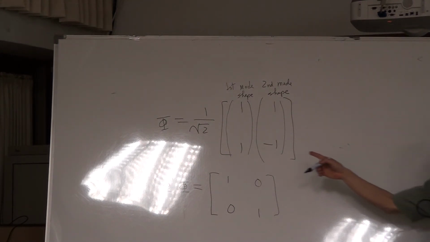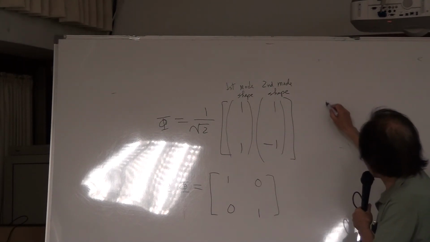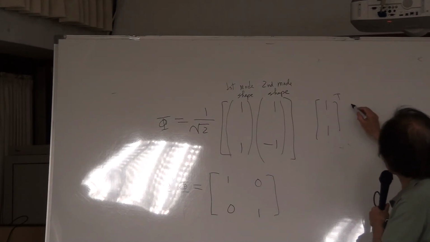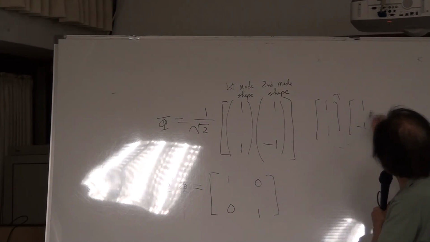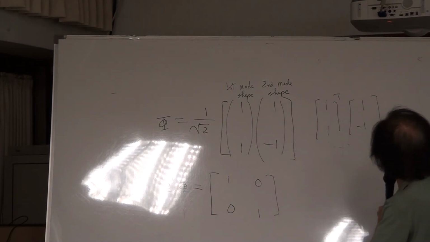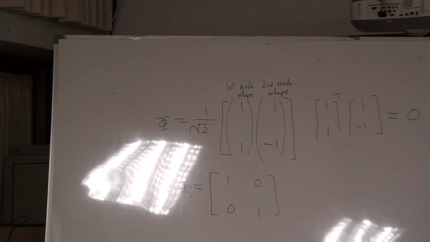They are orthogonal because that's 1 transpose times 1, minus 1, and you have the square root of 2, so this equals 0. That means these two columns are orthogonal.